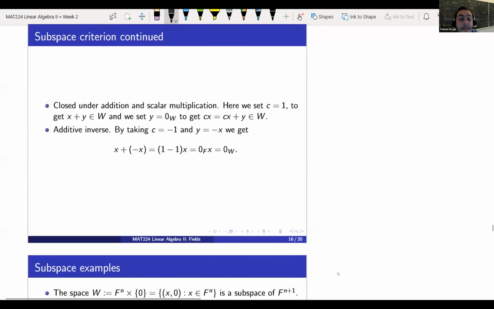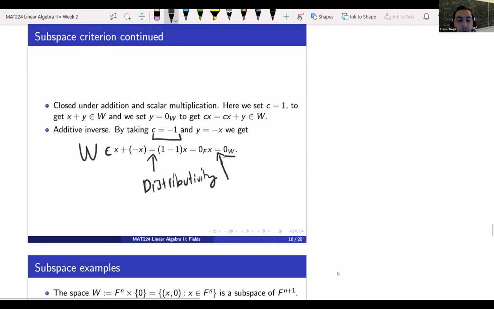And again, we take C to be negative. Okay. We know that this guy on the right is in W. So we want to get back the 0 element of W. And again, here we use distributivity, which we know is true for V, so it's also true for W. And then here, let me add one more step.